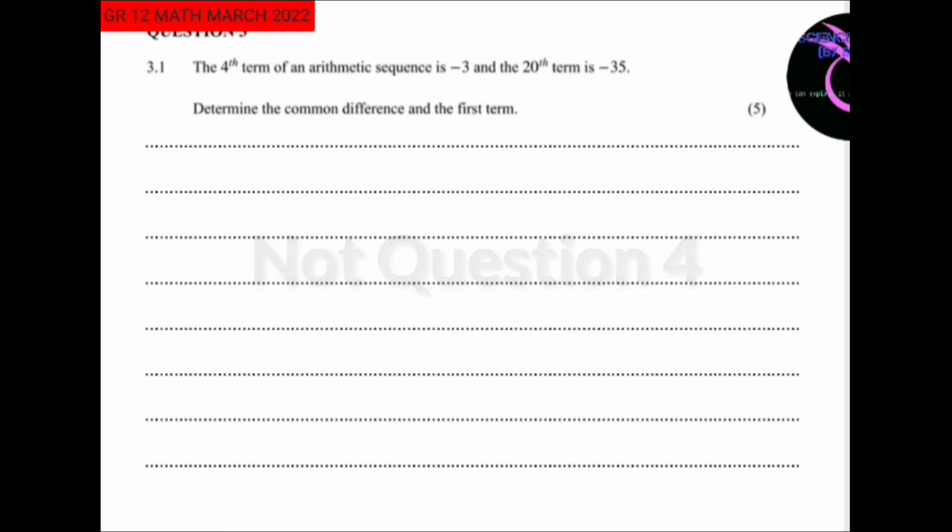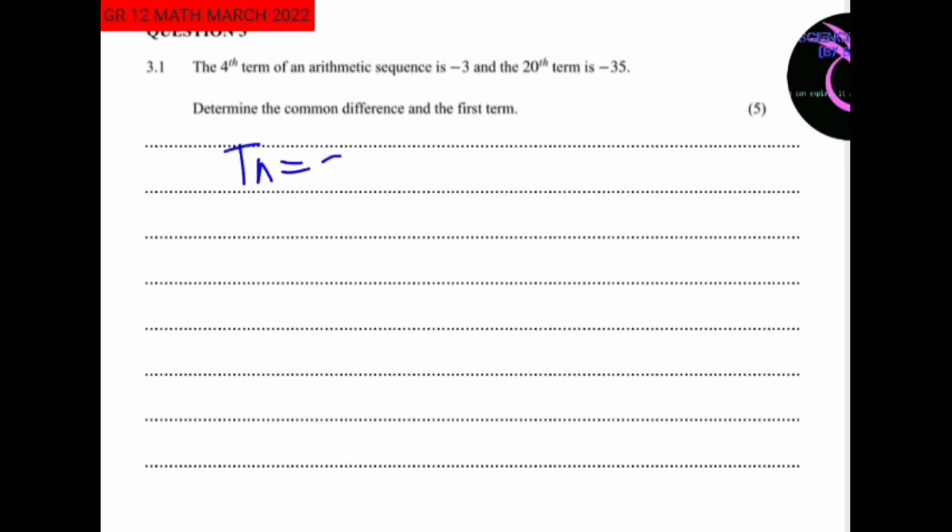Question 4. The fourth term of an arithmetic sequence is minus 3 and the 20th term is minus 35. Determine the common difference and the first term. Well, if I look at the general term, Tn equals A plus n minus 1 d. For the fourth term, n equals 4, and 4 minus 1 is 3.